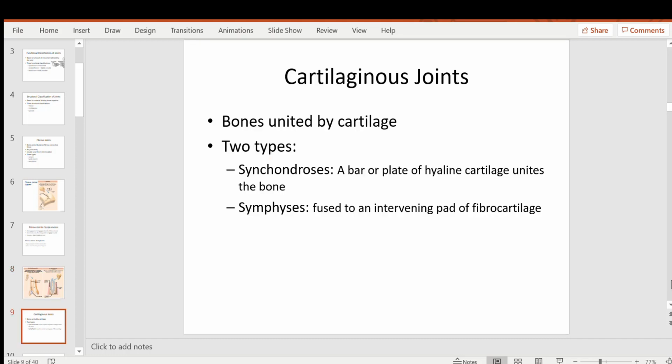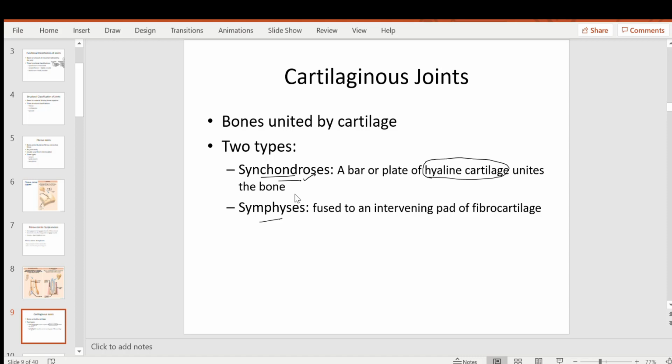Now I'll talk about the two types of cartilaginous joints. You remember synchondrosis and symphysis. Synchondroses are the joints where the bones are attached by hyaline cartilage. So if you see that the bones are attached by hyaline cartilage, that is synchondrosis.